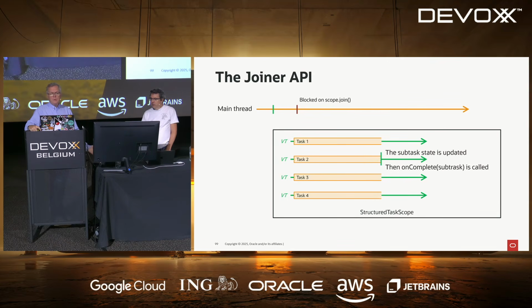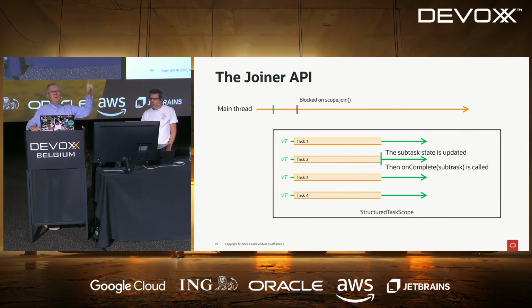And then at some point, one of the tasks will complete, either with a result or with an exception. The first thing that is done is that the subtask state is updated, so it will move from unavailable to either success or failed, depending on what is produced, a result or an exception. And then the onComplete with the subtask as a parameter is called.